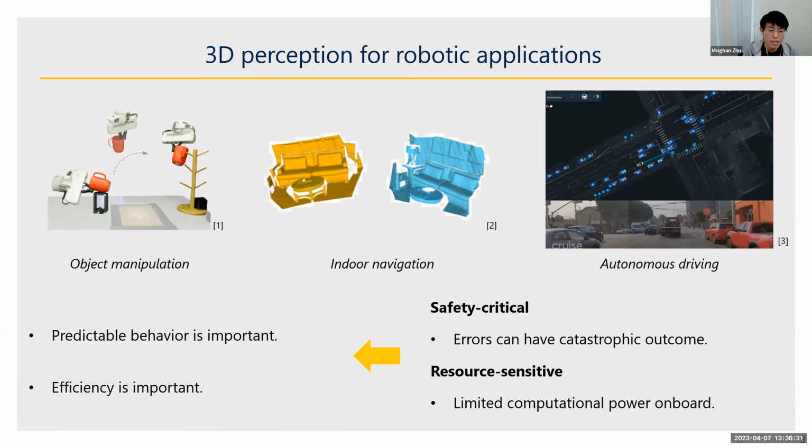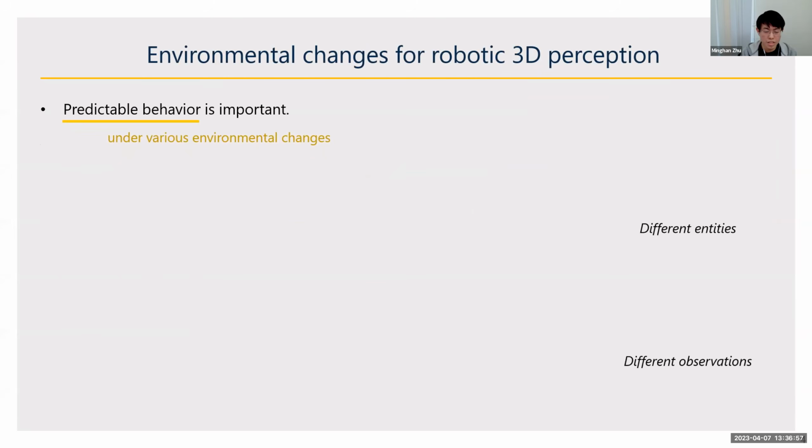And here, let us start with the first point. By predictable behavior, we specifically mean we want the perception algorithm to give predictable outcomes under various environmental changes. So let's break this down and see what composes the environmental changes that a robot can face in the real world. Here, I basically put them into two categories.